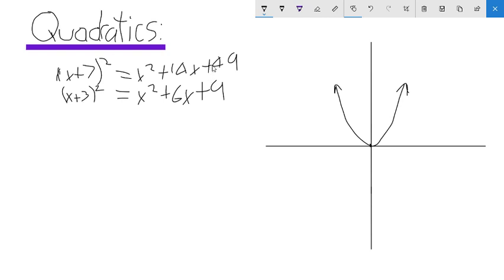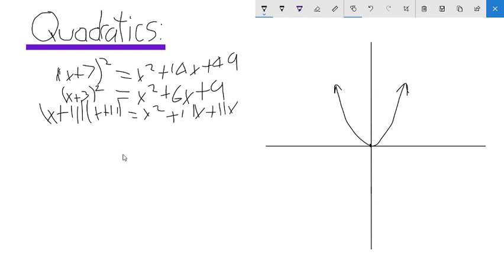Okay, now let's try another one. Let's do x plus 11 whole squared. So if we do x plus 11 times x plus 11, again our first term is going to be x squared. Then we're going to have 11x, and another 11x.